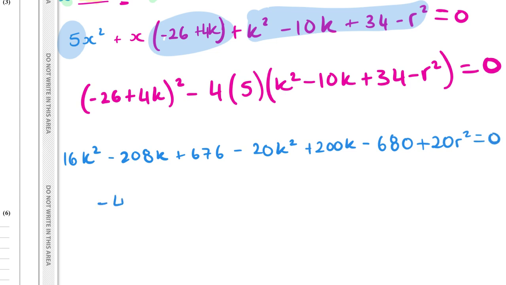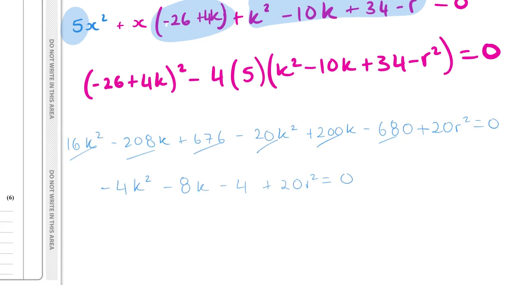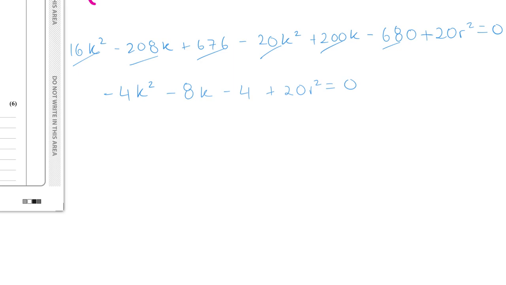Okay, so I get minus 4k squared minus 8k minus 4 plus 20r squared equals 0. Okay, I clearly divide everything by 4, right? So minus k squared minus 2k minus 1 plus 5r squared equals 0.